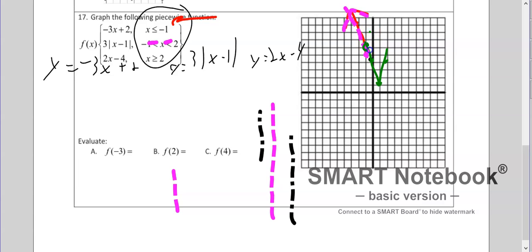So that's an open dot right here. Let me clean this back up.